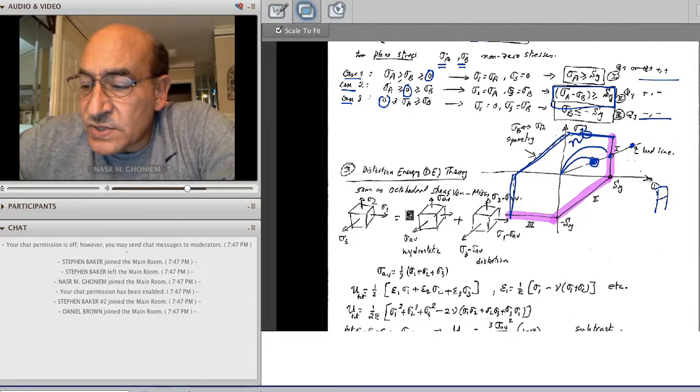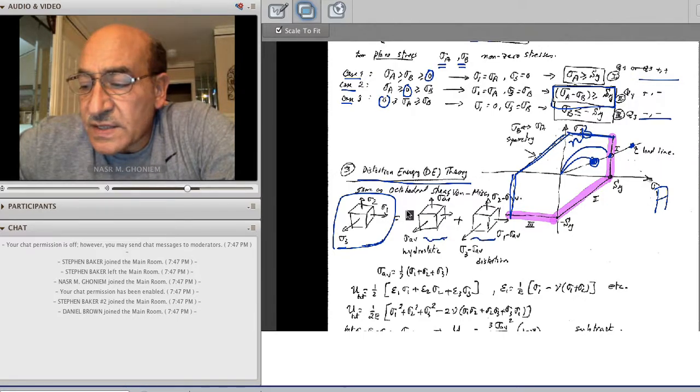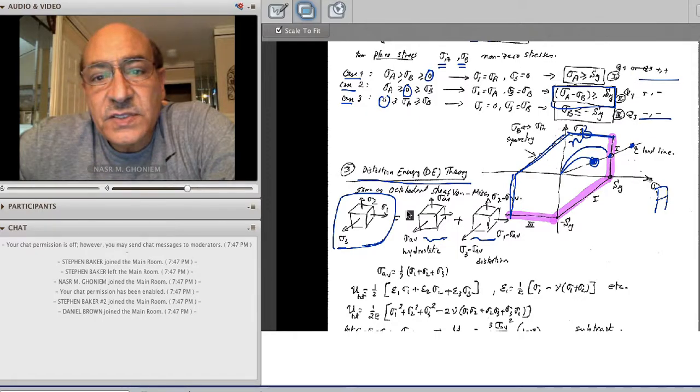The next criterion is the distortion energy theory. Here we decompose the stress field, which is represented by sigma 1, sigma 2, sigma 3, into two parts. One is an average component, and one is the excess from average.